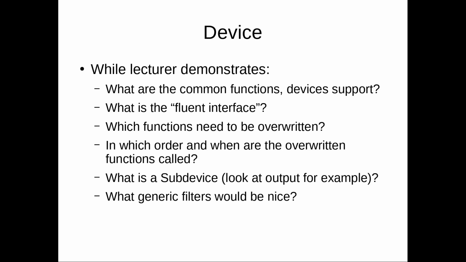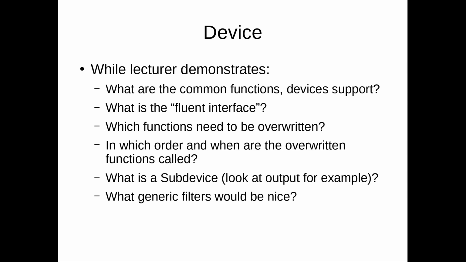I will explain what the fluent interface is, but you can also Google it while we are working on it. You will also see what are normal methods and what are methods that you can overwrite, which has to do with when we want to build our own driver, we have to overwrite some of this when we inherit from device.